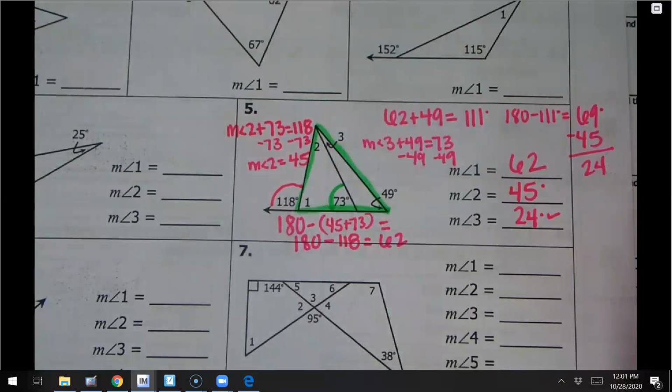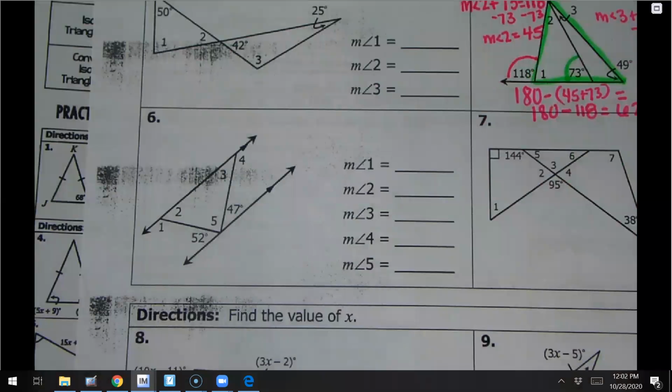What else? Okay, number 6. This one's with the parallel lines. Remember, parallel lines are cut by a transversal, and then you have alternate interior angles. The alternate interior angles are congruent.